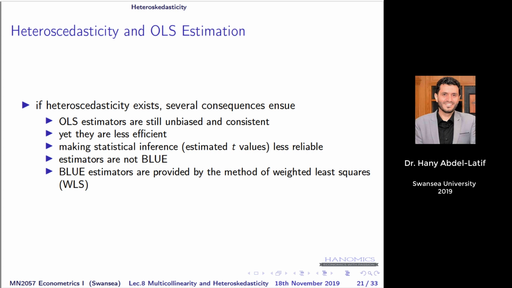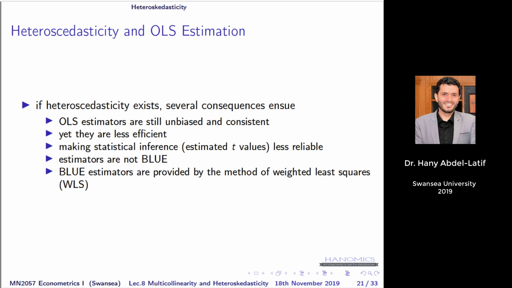So if you have heteroskedasticity, what is the problem? As I said, it has some implication for your OLS estimator. The OLS estimator is still unbiased, meaning the expected value of your estimator equals the true parameter. However, it's not going to be the best.